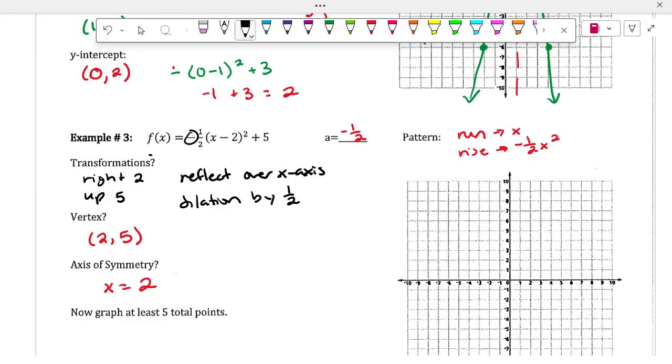But you have to square first. So 2 squared is. You can always check the table on your calculator so you have it ready.